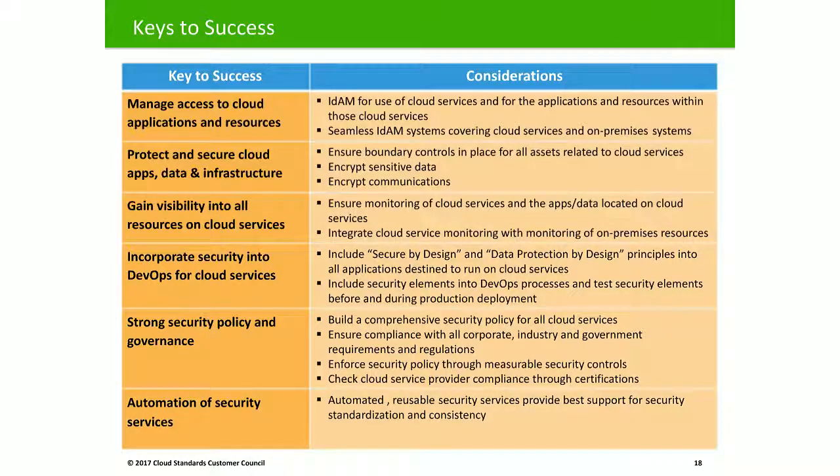Then we discussed protecting and securing the cloud apps, data and infrastructure, with controls like firewalls, compute isolation for infrastructure, secure design and coding practices and testing for applications, data classification and encryption. We talked about monitoring and alerting, so that if someone's trying something funny, you know about it, and vulnerability management, so you can be aware of your weak spots and fix them.